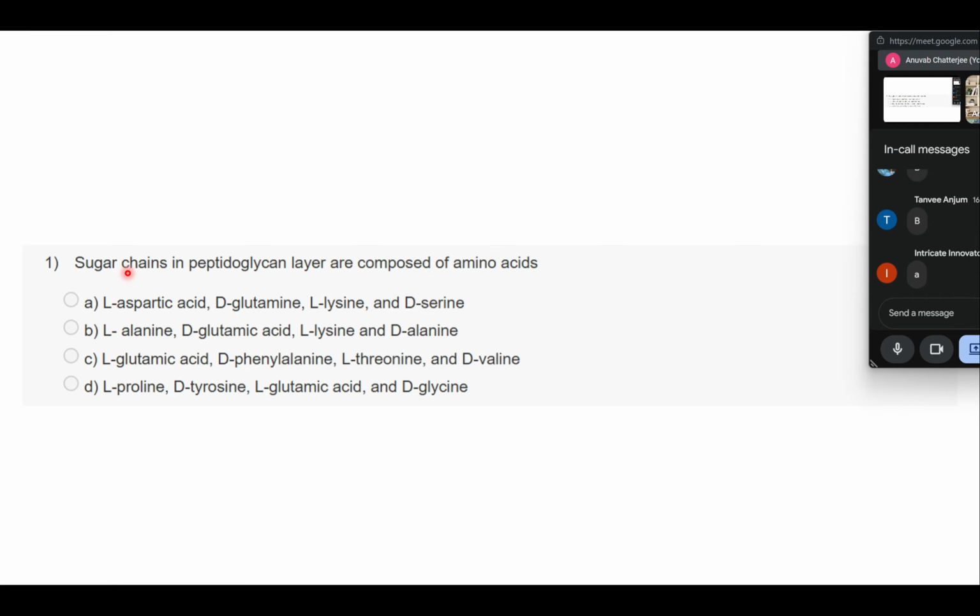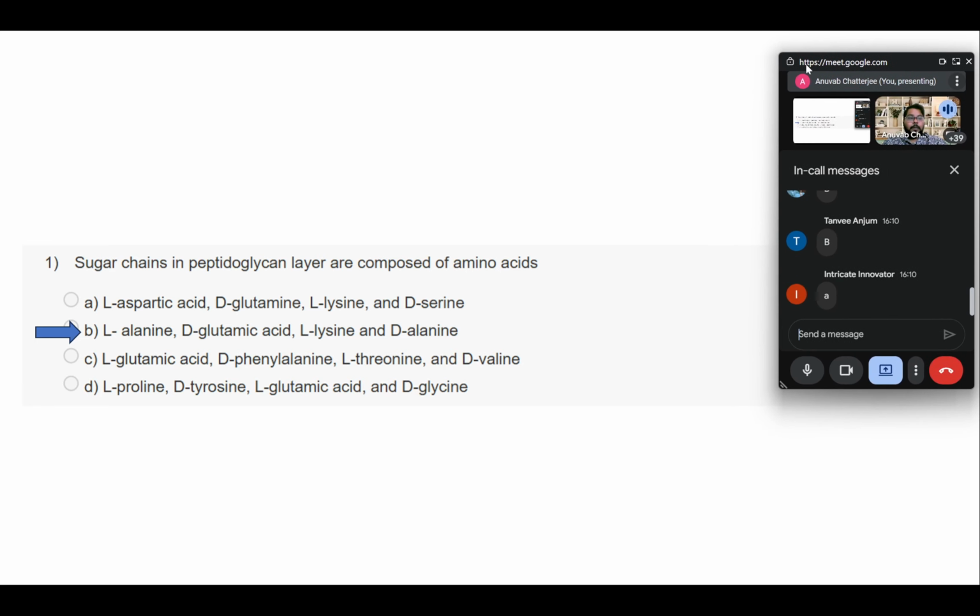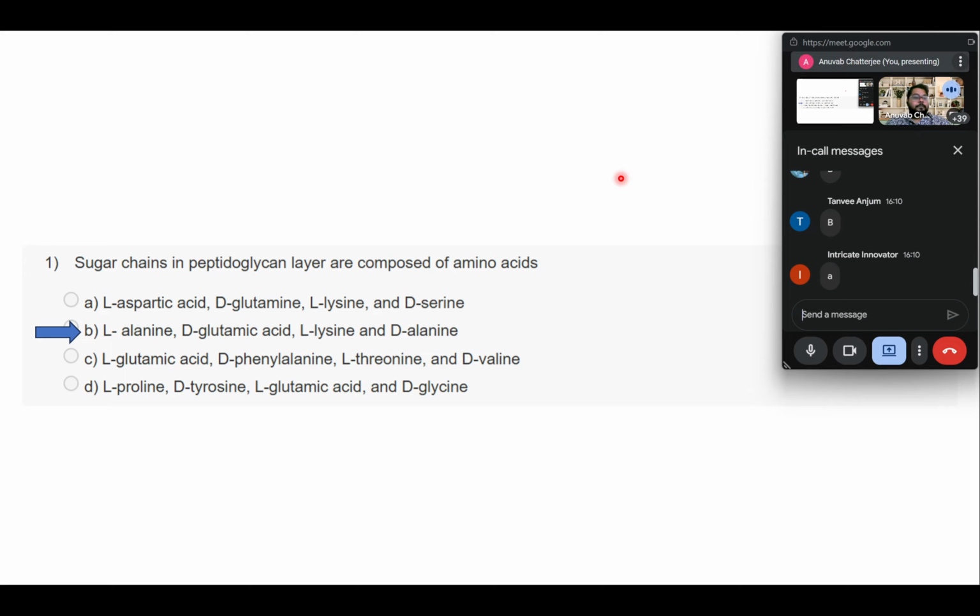And coming back to sugar chains in the peptidoglycan layer, we have already talked about it, it is L-alanine, D-glutamic acid, L-lysine, and D-alanine that connect the different NAM and NAG groups into one thick peptidoglycan layer in prokaryotic bacteria. Okay, does anyone have any questions from this?